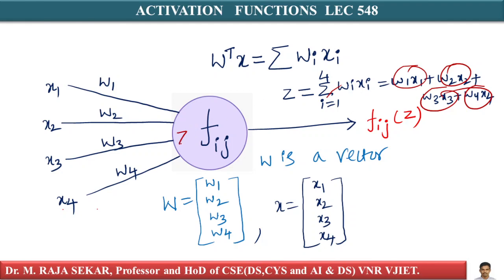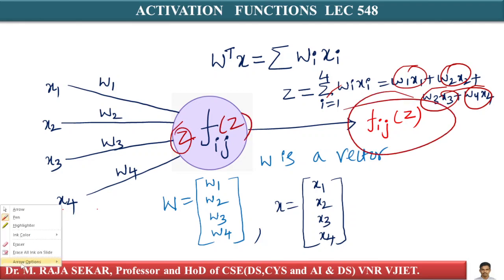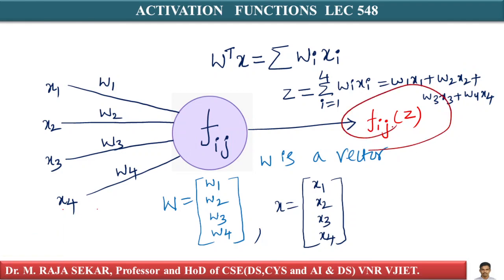That is my Z. I am giving Z as input to this unit, therefore my output is F_ij of Z.